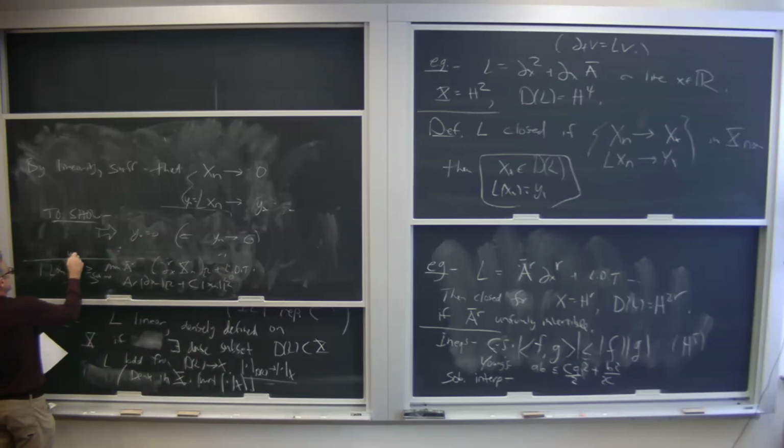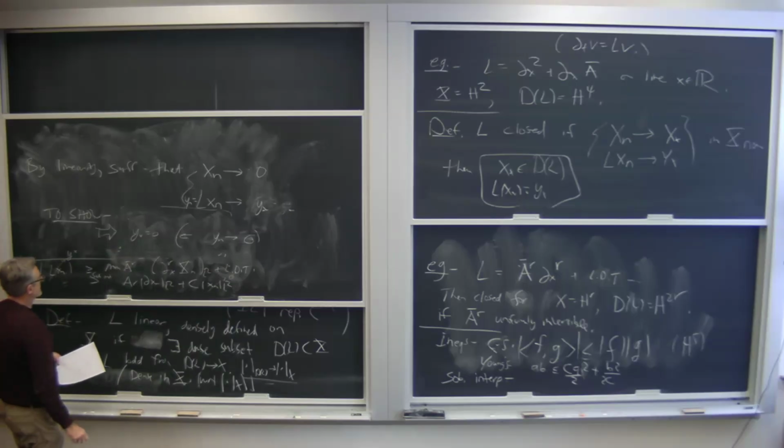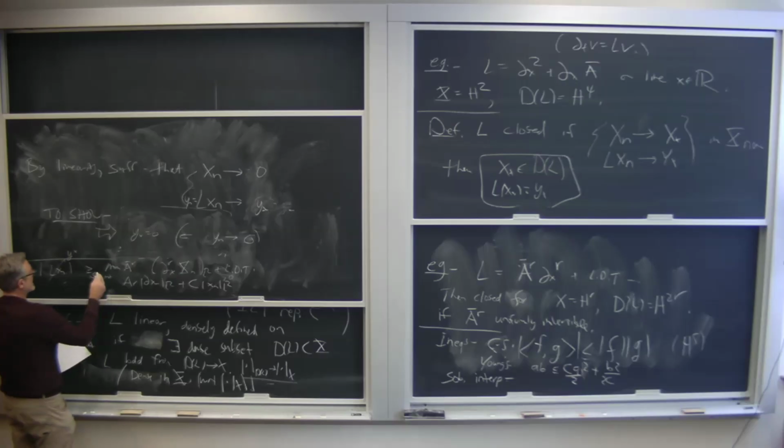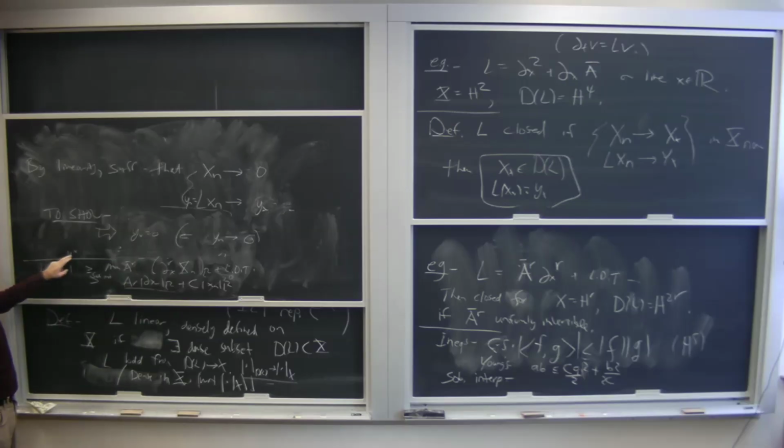This goes to Y star in Y star. And therefore, I'm going to get a bound in X, and therefore I bound the HR norm of X. I bound the X norm, the L norm, by the limiting L2 norm.